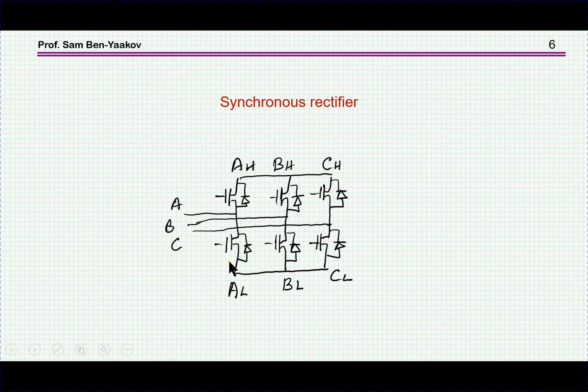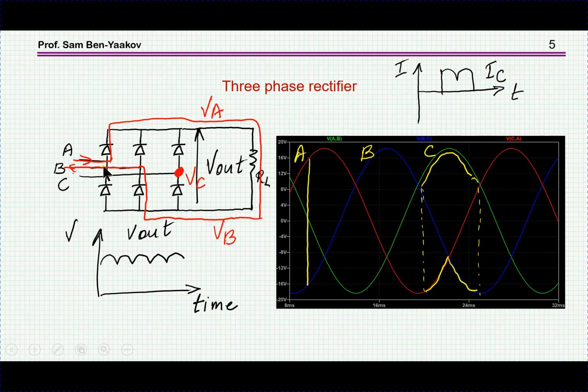Now we can use transistors, and the advantage of using transistors is that we can lower the voltage drop. Now in this case, of course, we have the voltage drop of a diode. If the voltages are not high, then proportionally the voltage drop of the diode is significant, and of course we're going to have a lower efficiency or higher losses due to the voltage drop of a diode, which is about 1 volt.